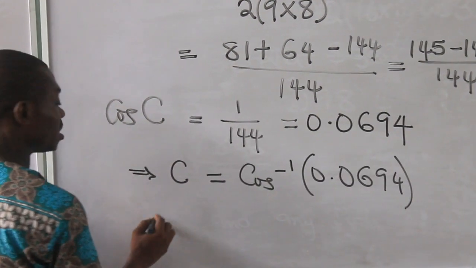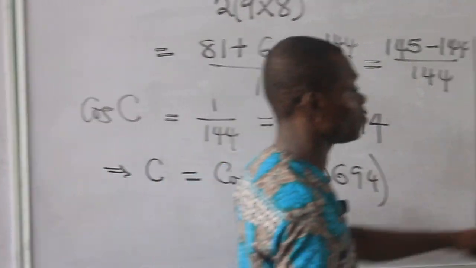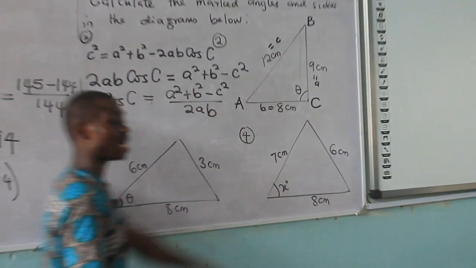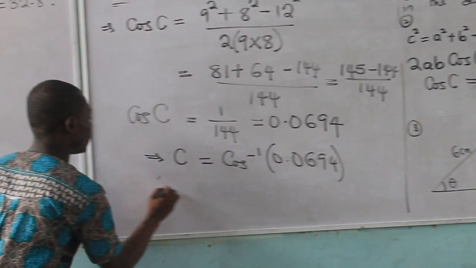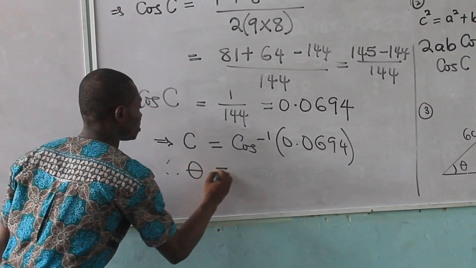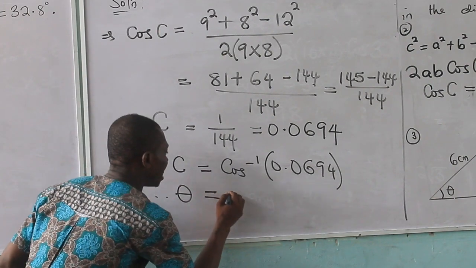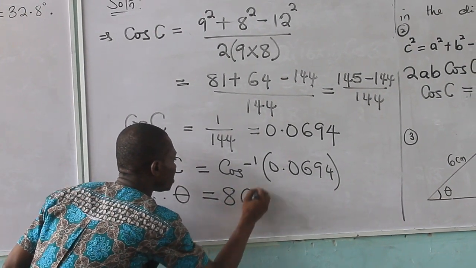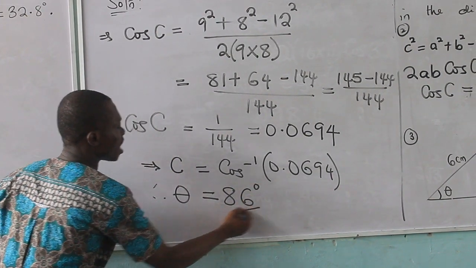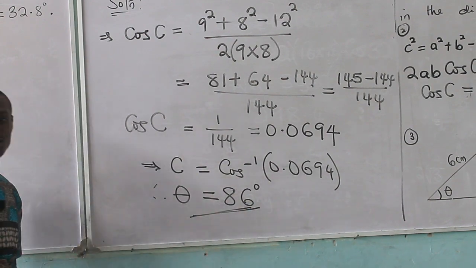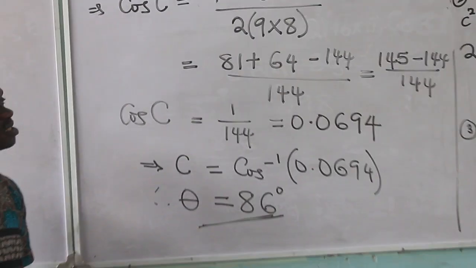Okay, and remember that our C, like we said here, is the same thing as our theta. So therefore, our theta is equal to, so that's approximately 86 degrees. And that is the value of our angle theta.